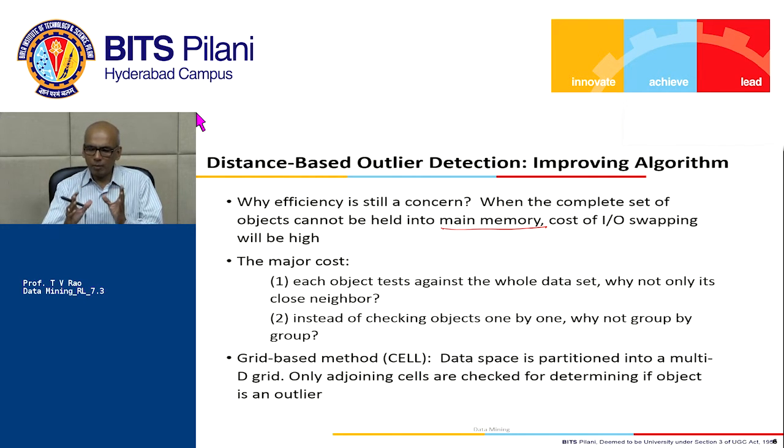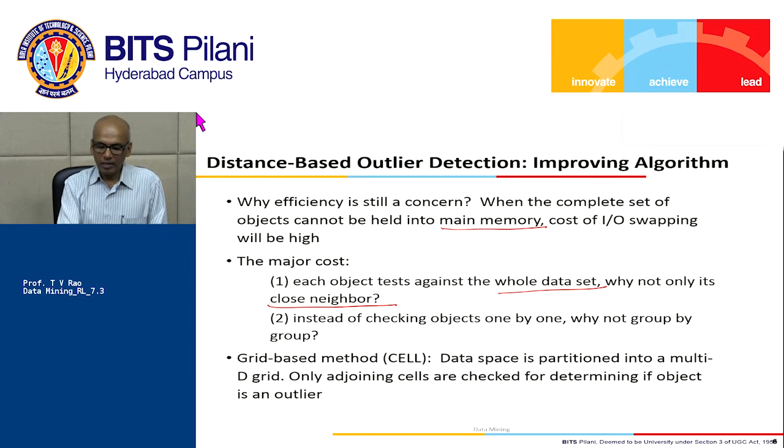So if we can somehow divide the data into, say, a few grids, and associate each object with one of the regions in the grid, then we can reduce the number of calculations significantly. Instead of checking against the whole data set, we only check against the neighbors.